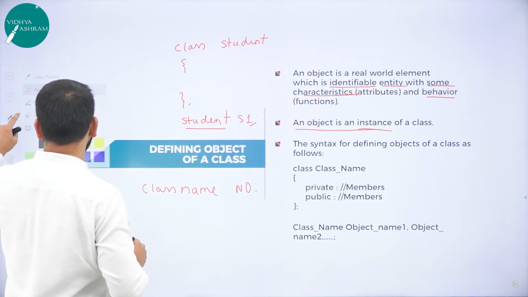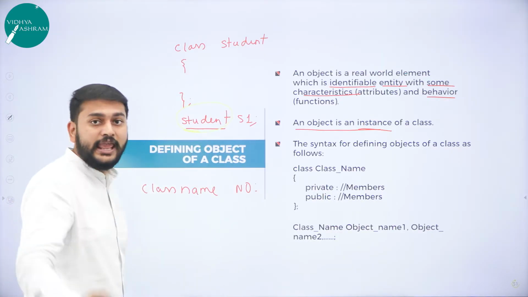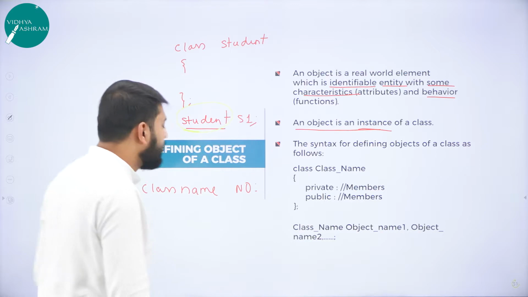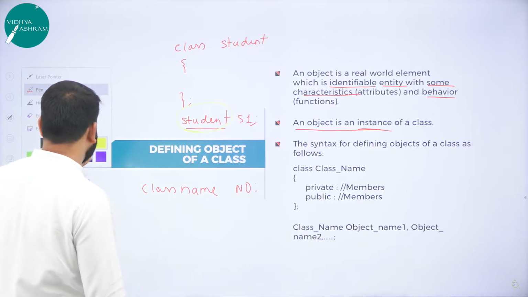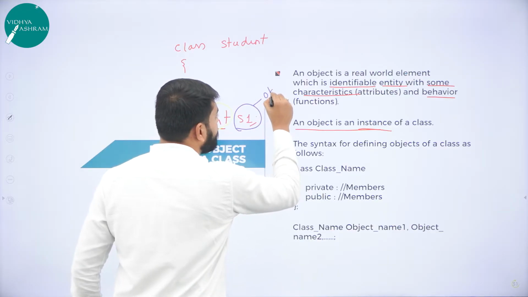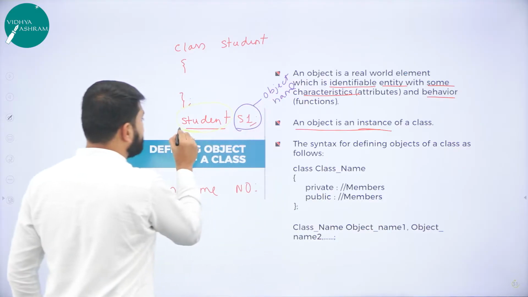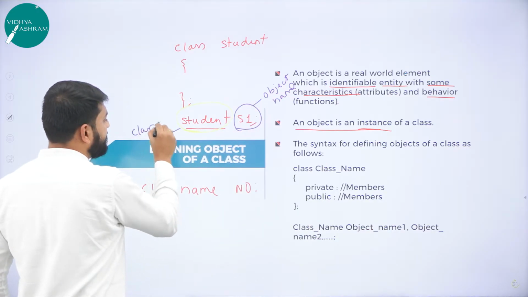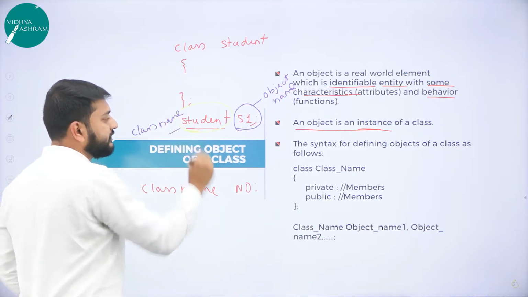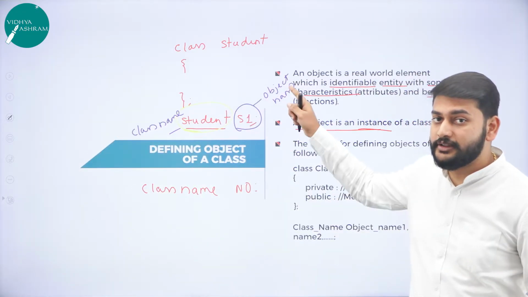Student is the name of the class. Then what is this S1? S1 is an object name, my dear students, and this is a class name. Remember, this is the syntax to create the object.